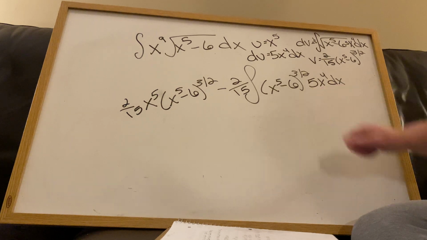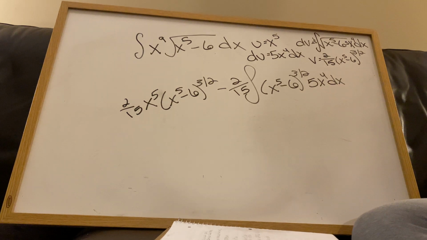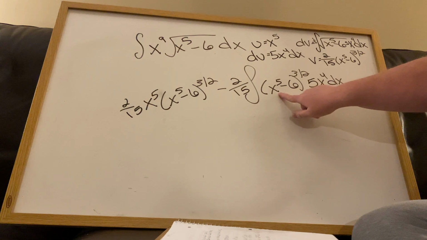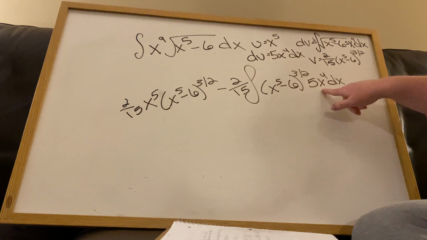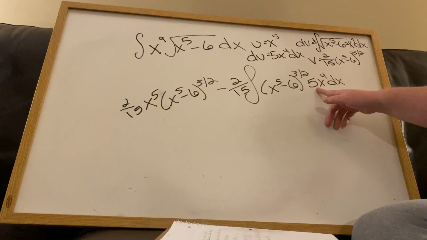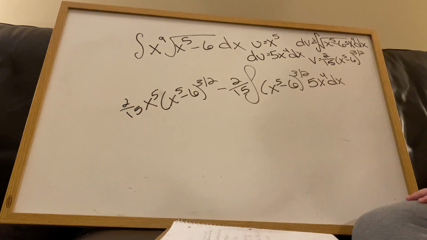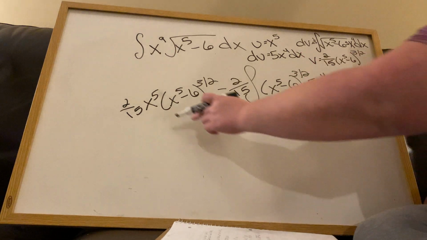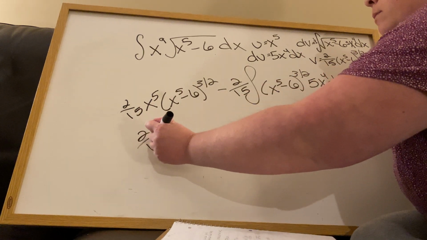I only leave the constants in if they're helpful, okay? And in this case, it's helpful because your u value is still the x to the 5th minus 6. So then du would be 5x to the 4th, so the 5 helps me in this case, so I would leave it in. But same thing, it's a personal preference thing. Do it however you want. So then this is going to be u to the 3/2, so that won't change.